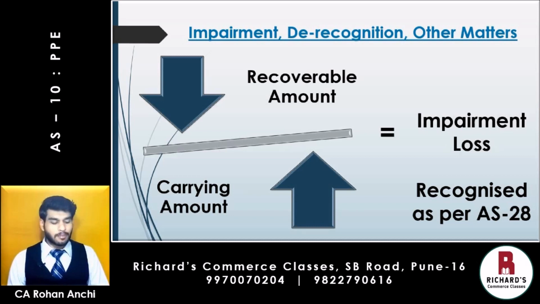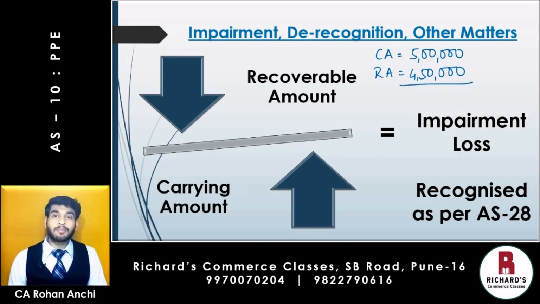So let us take an example. Let's say carrying amount of the asset is 5 lakh rupees and the recoverable amount, that is the value you get by selling that asset in the market, is only 4,50,000 rupees. So in that case, the value written in the balance sheet is greater than its recoverable amount.